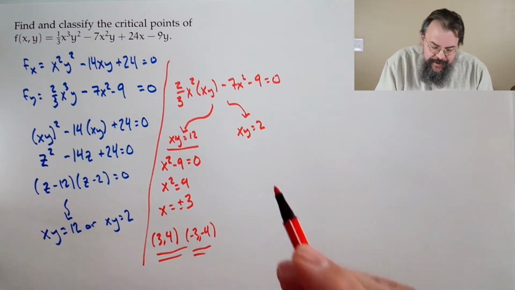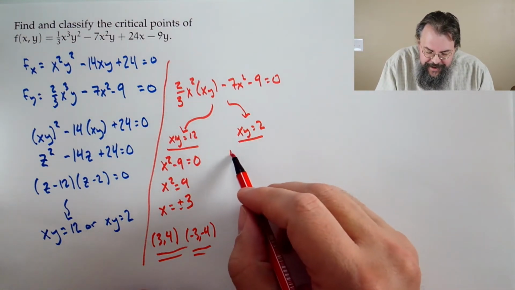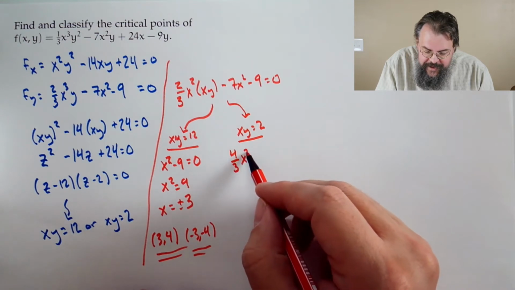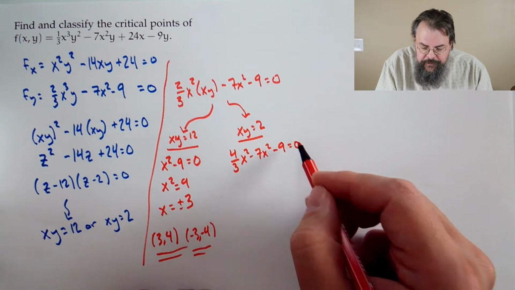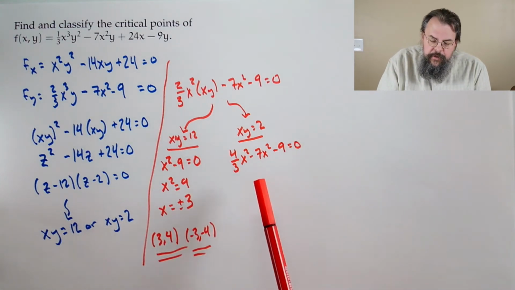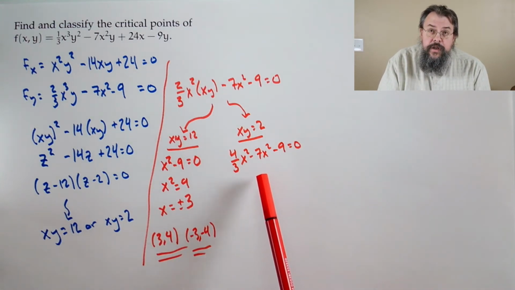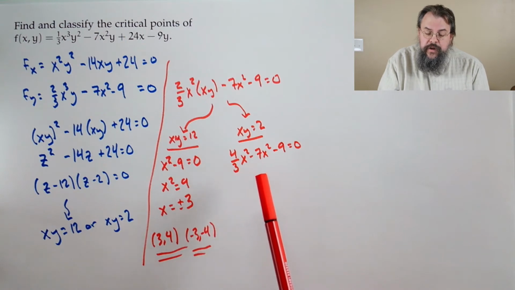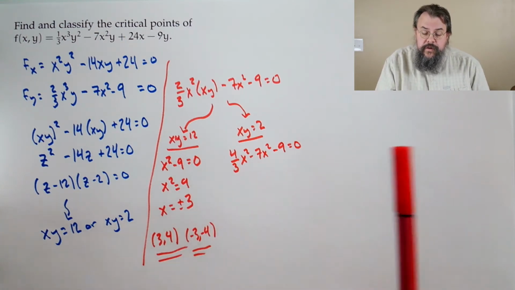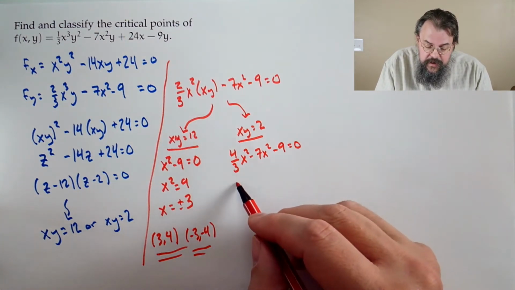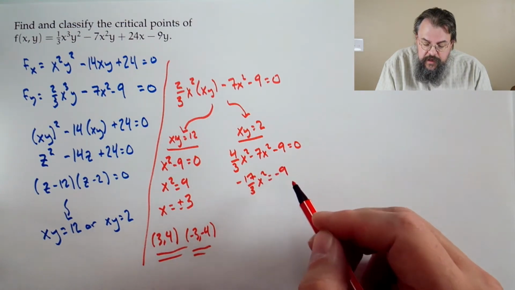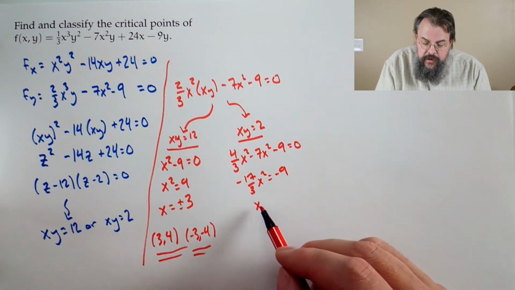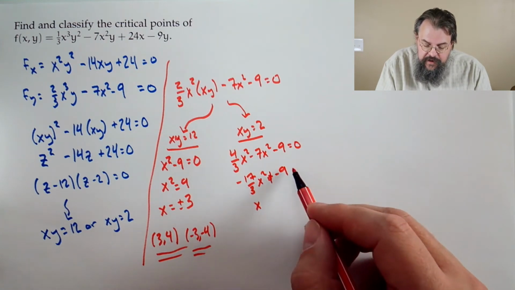That's a dangerous computation. I'm going to write that one down because I feel like I might lose it if I try to do it all upstairs. But really, what is 7? 7 is 21/3. Take 4/3 and subtract 21/3. You're going to get negative 17/3 x squared plus negative 9 equals 0.